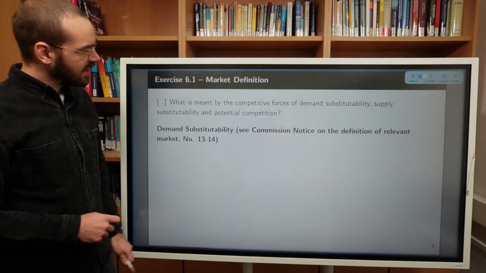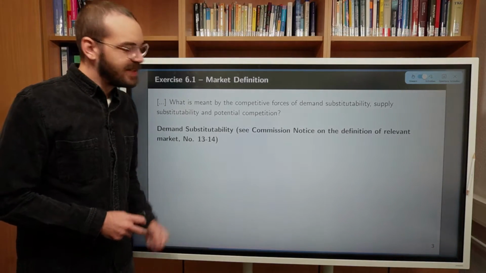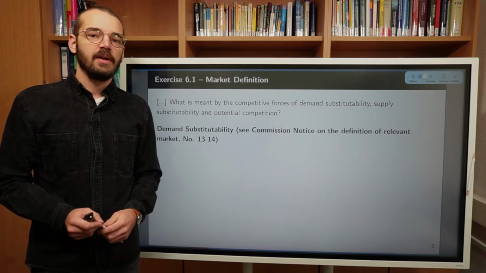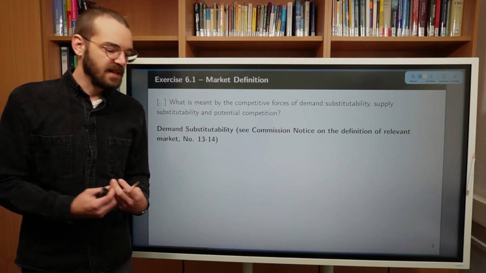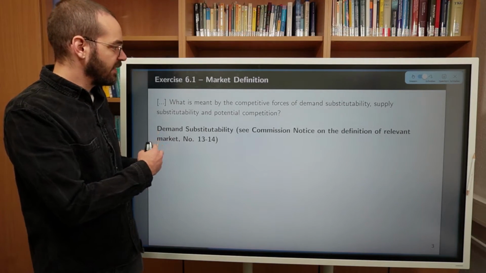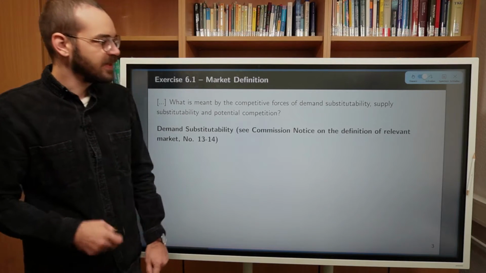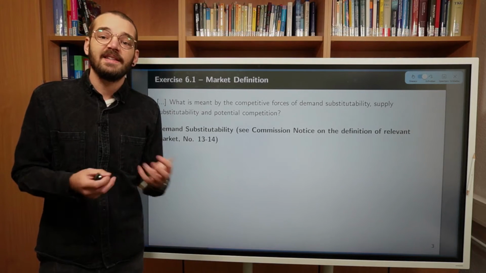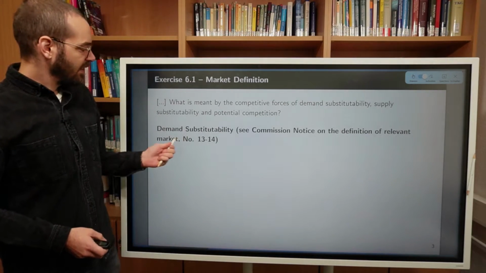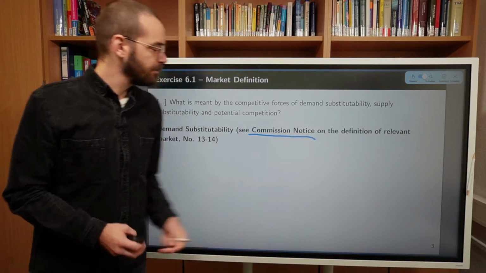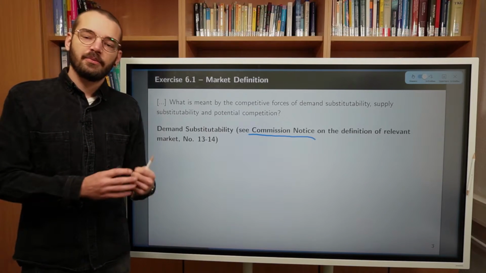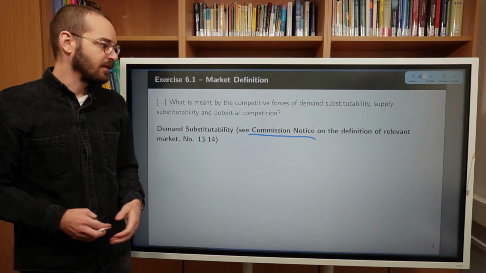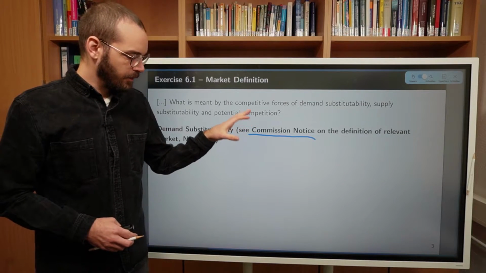On the exercise sheet, we already gave you a hint, or rather a source, where you can read up on these topics and where the terms demand substitutability, supply substitutability, as well as potential competition were defined and discussed. And that is the Commission notice.